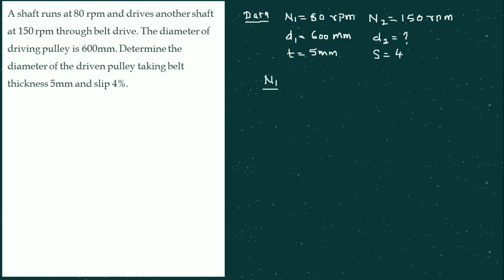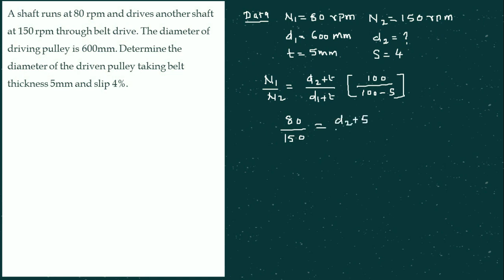So we know that N1 by N2, that is the velocity ratio, is equal to D2 plus T divided by D1 plus T. This whole thing is multiplied by 100 divided by 100 minus S. Let's substitute the values. This is 80, this is 150, and we want to know the D2.